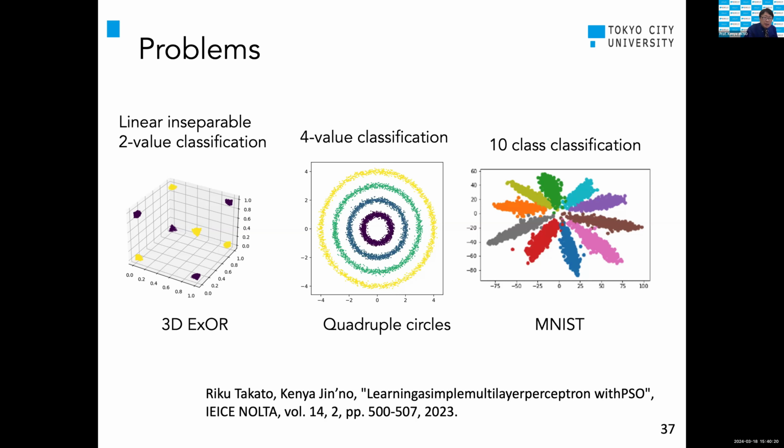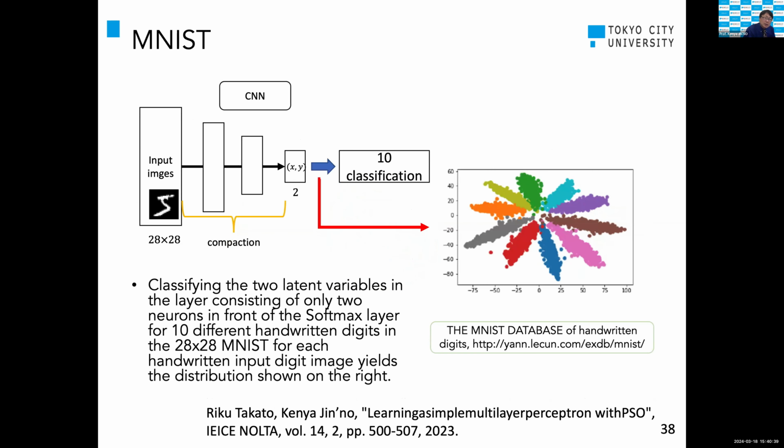Finally, the last one involves classifying 10 classes using handwritten character data from MNIST, which has been transformed into two-dimensional data using an autoencoder. The 10 class data using MNIST were created as follows.